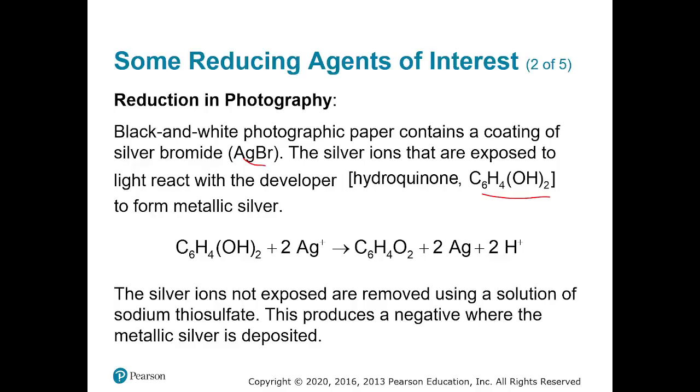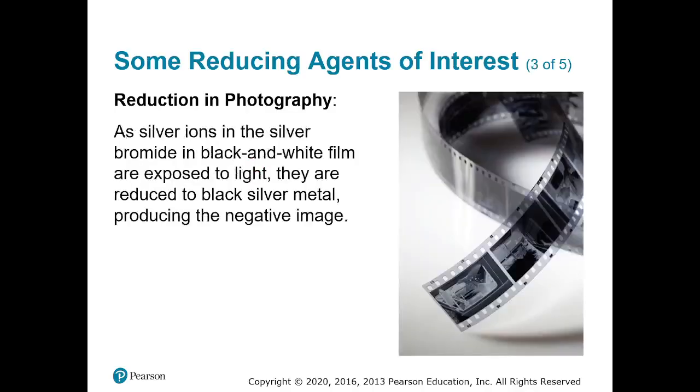So the silver ions not exposed are going to be removed using a solution of sodium thiosulfate. This produces a negative where the metallic silver is then deposited. And this is what I'm talking about, these silver ions. So this is the black and white film right here.